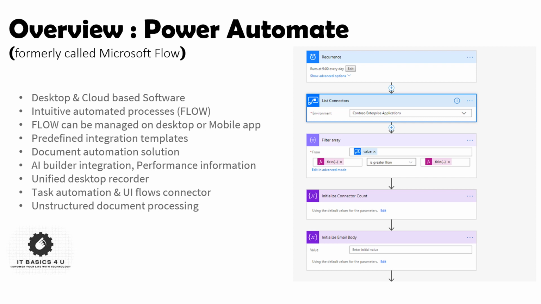You can build your automations or flows from scratch, or you can also use a very vast repository of predefined flows in Power Automate. There are a lot of these predefined flows, which are also known as templates. You can use them, and you can customize them based on your requirements.